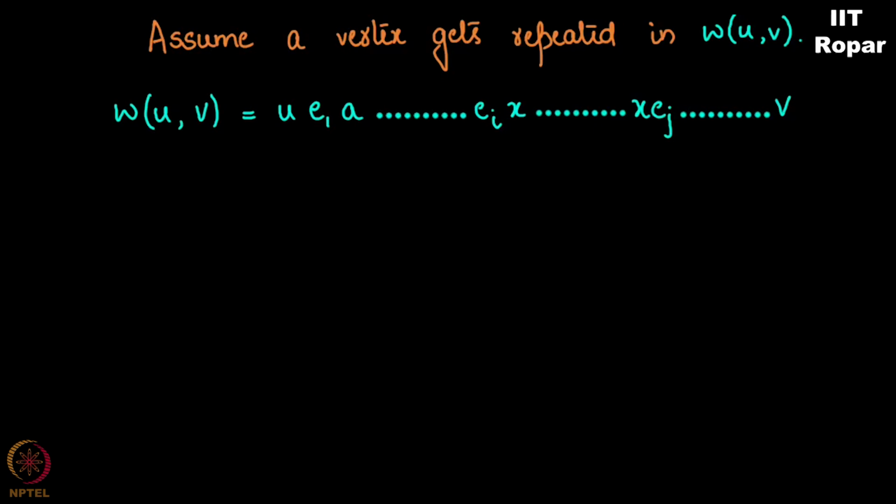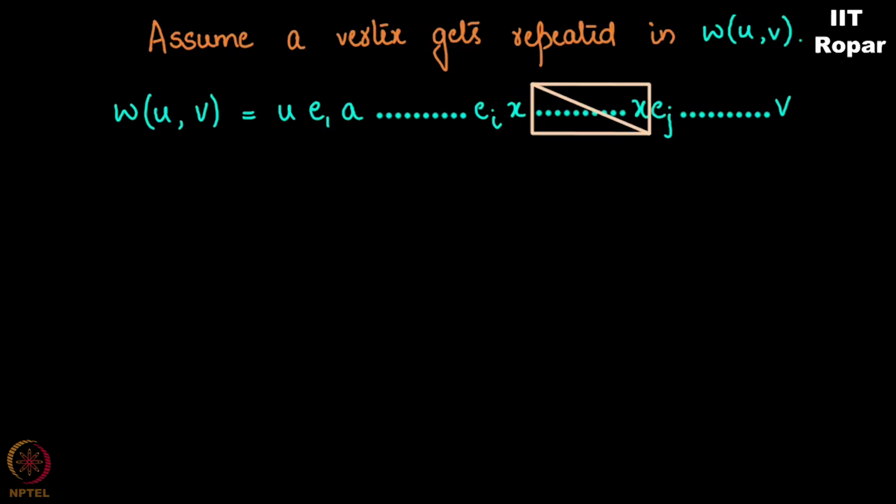Now, what I am going to do is I'm going to chop off all the vertices and edges like this. There are a few edges, at least one, in between the two X. So I'm going to remove those vertices, edges and this repeated X.